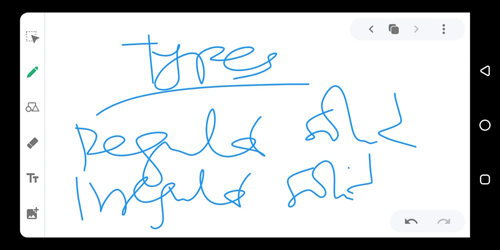A regular solid is a solid that has a regular shape. A regular shape is a definite shape whose dimensions you can easily get, like a square, a rectangle, a rhombus, a cube.